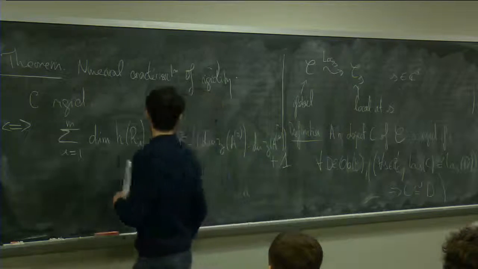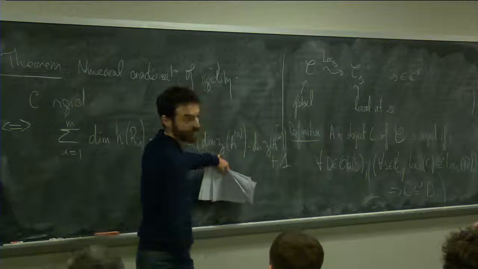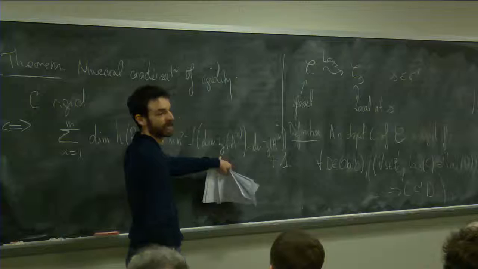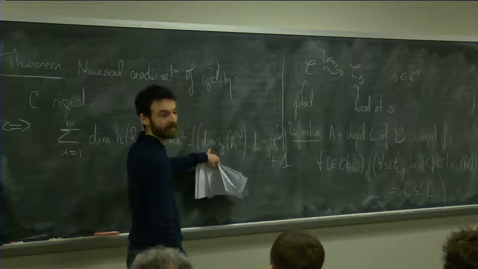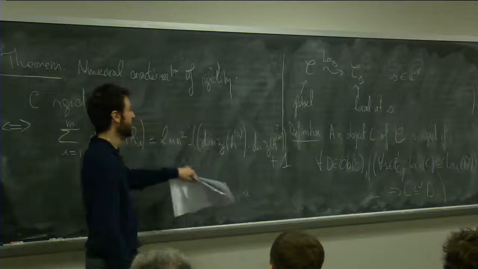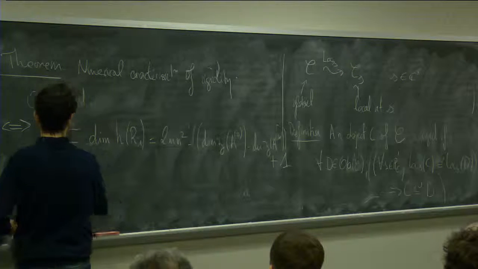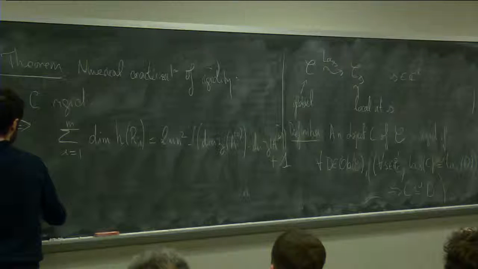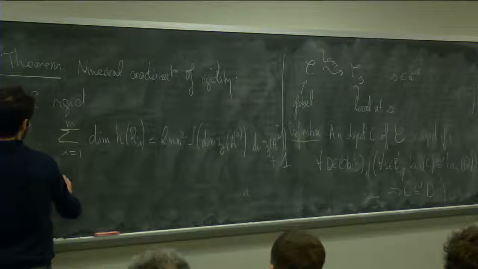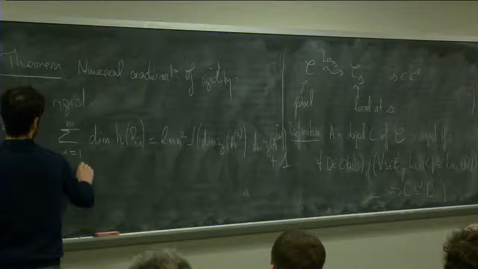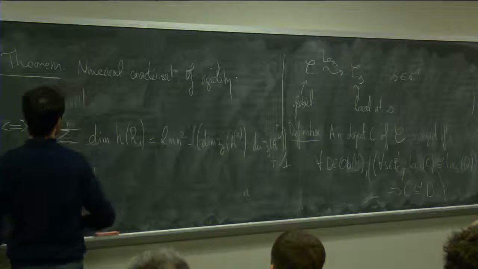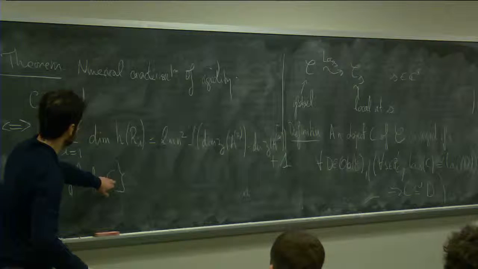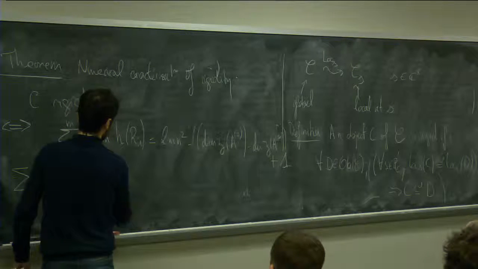Here, Z is just the centralizer. This is a constant matrix with complex coefficients, and you just look at the centralizer and consider its dimension as a vector space. Here I have to explain the notation. So sigma is the set of singularities of C. Roughly speaking, they are the poles of C on C star.